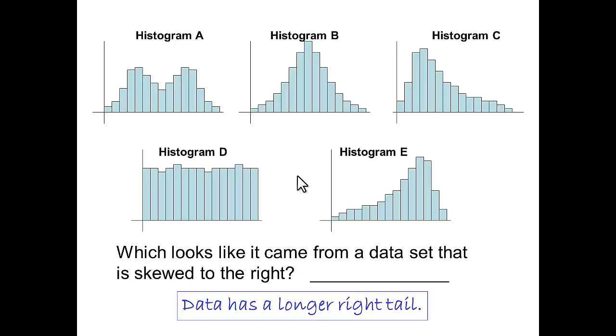In other words, the data trails off with values to the right that go on, like the Energizer Bunny. It just doesn't seem to want to quit. Look at each shape. We can eliminate D. We said it was uniform. It doesn't seem to fit.